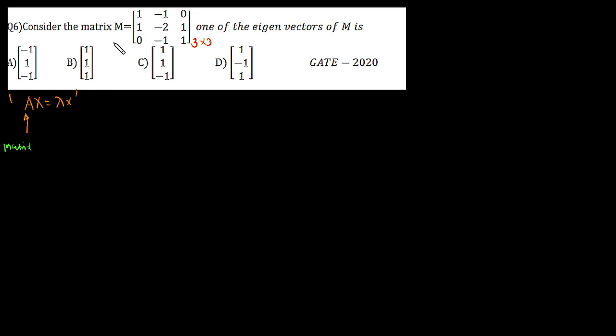Here in this case the matrix is M, and here this x is nothing but the eigenvector. And here this lambda is a scalar and it represents our eigenvalue, and again this x is the same eigenvector which is on the left hand side.